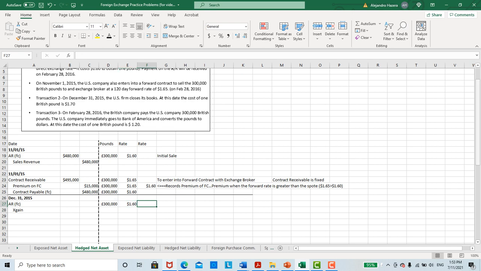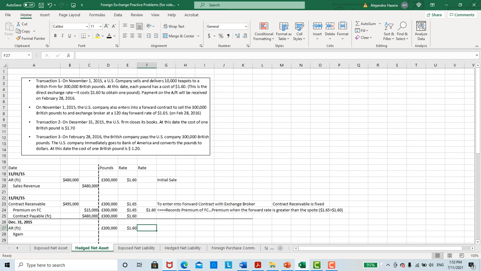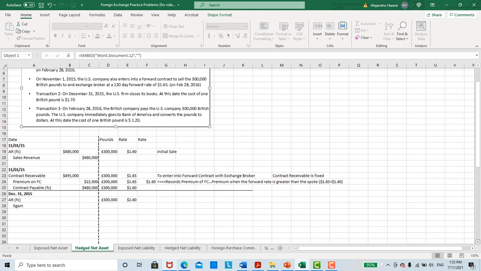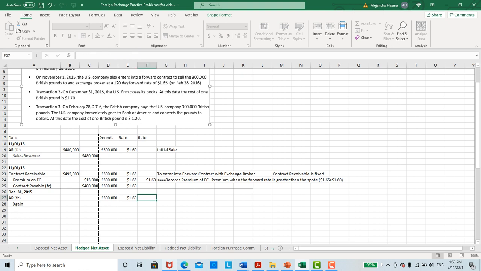Now, just like in the last example, as of December 31st, the spot rate's gone up to 1.70. This is just the last example. We've just inserted a hedge here. So the spot rate is now $1.70.